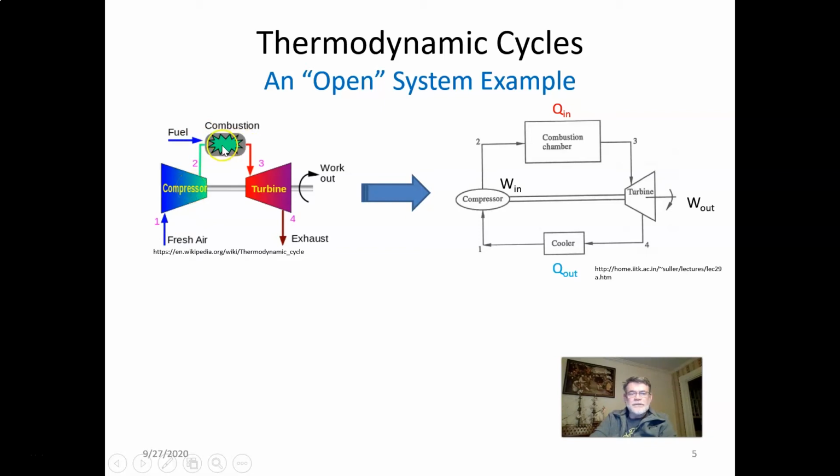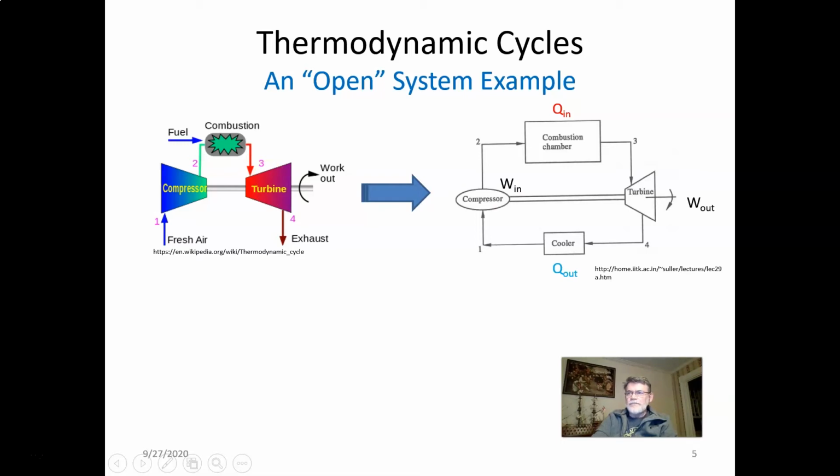It's directed then to the combustion chamber, where the fuel is introduced, jet fuel, kerosene, and ignited and burnt. Then it goes to the turbine here.